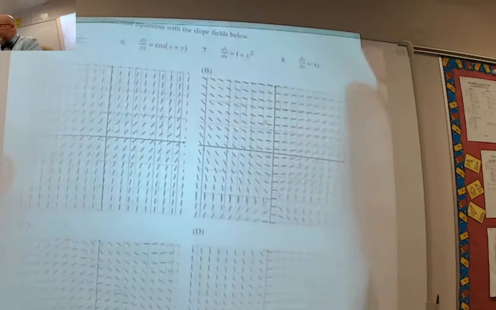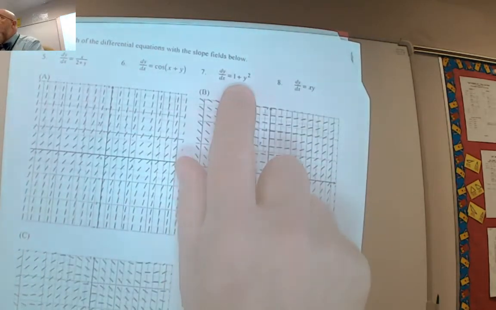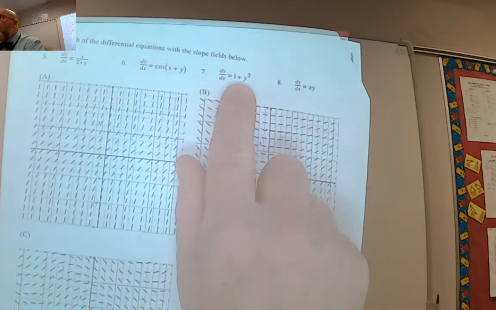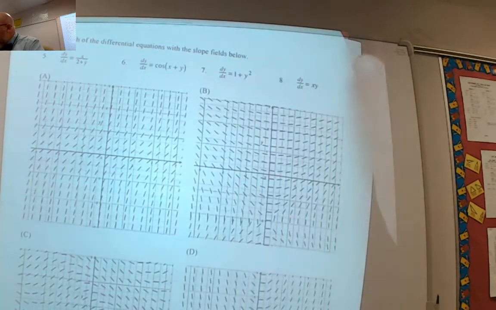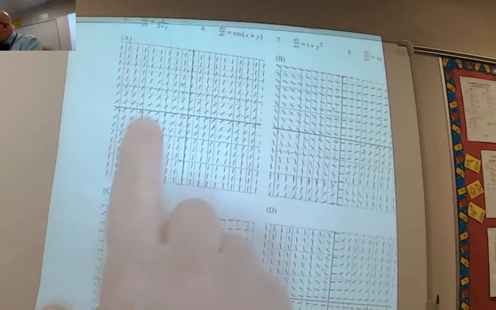This one, I'm going to look at number 7. Number 7 is in terms of y, correct? So the segments should all be parallel horizontally. So if I take a look at number 5 here, look at these going across.